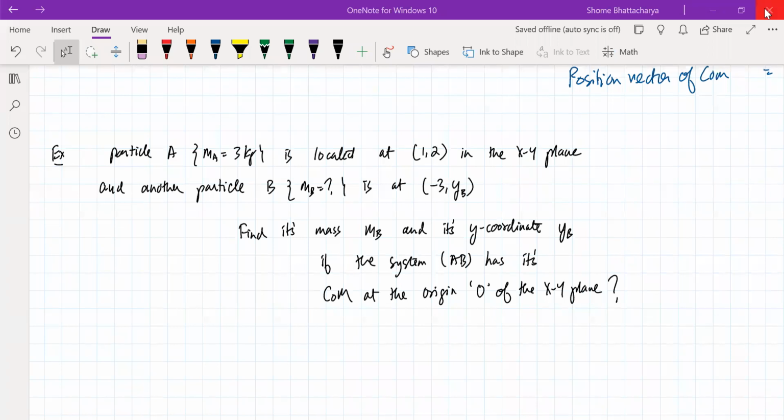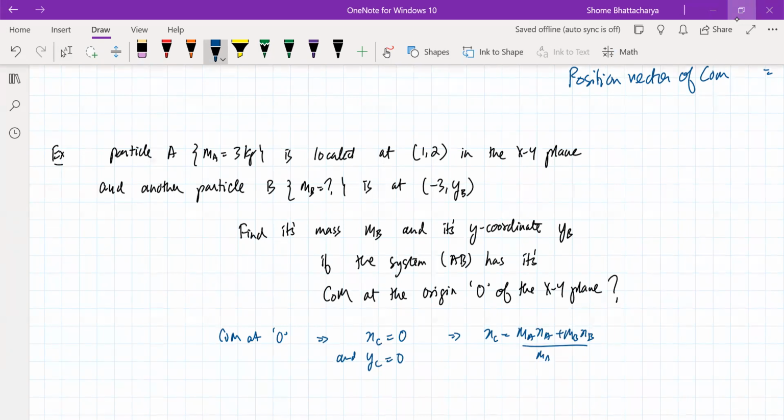So basically, here we have to just use this formula that we want the center of mass to be at the origin. That means xc is equal to 0 and yc is 0. So xc is ma xa plus mb xb.